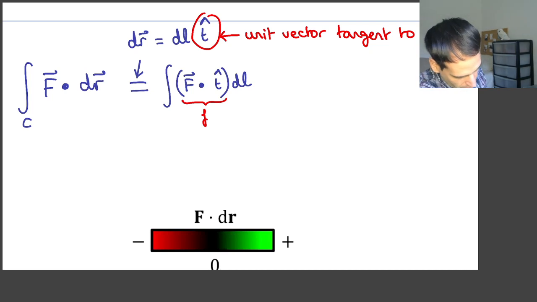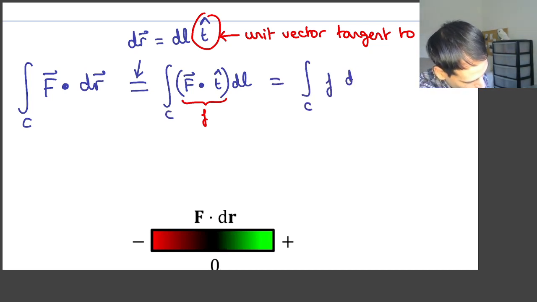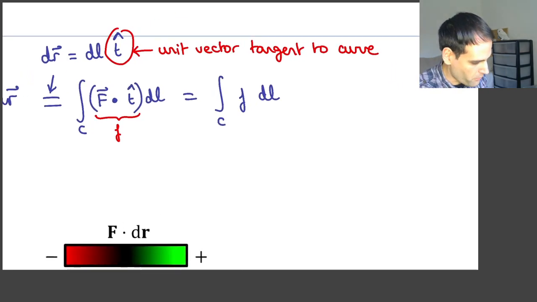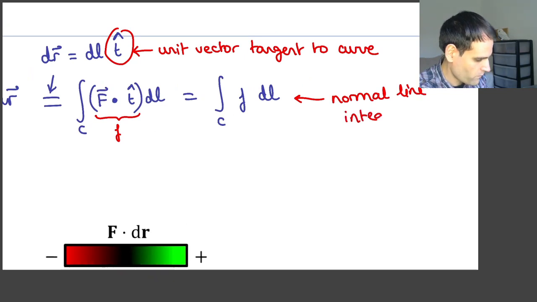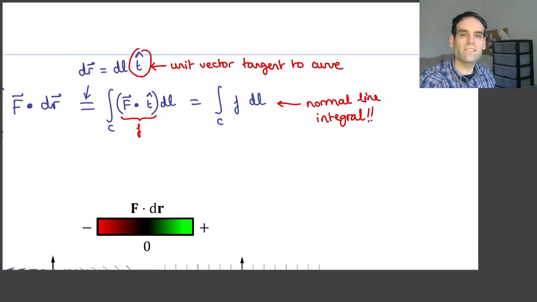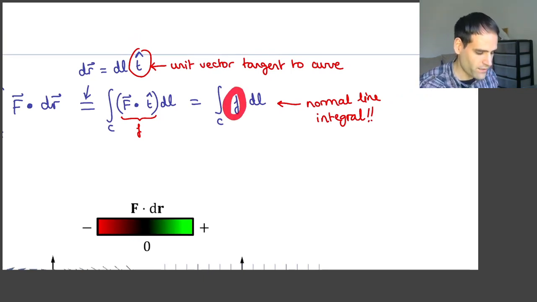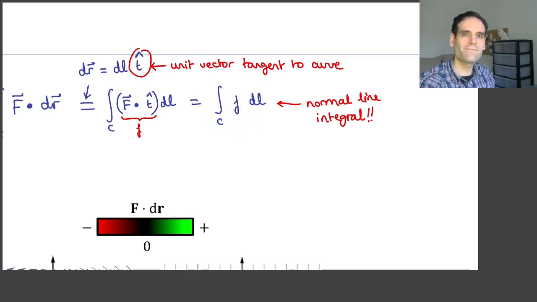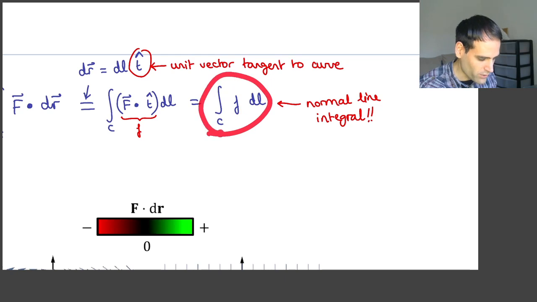So now what we are doing is an integral of little f dl, a normal line integral. This is like when we were calculating the mass of a wire: we substituted the density of the wire at each point, and this would give us the mass of the wire. So that was easy to see intuitively.